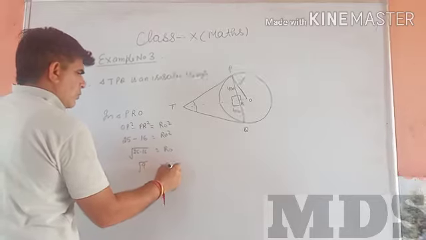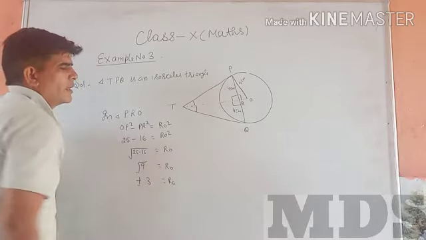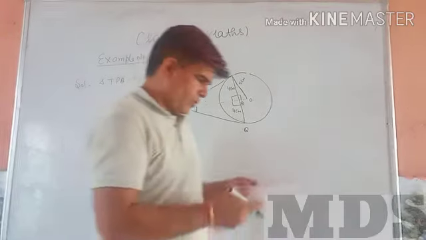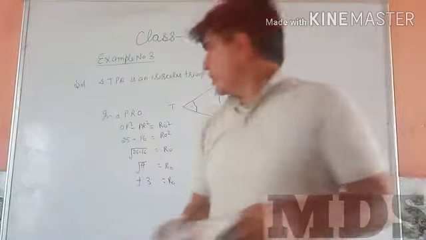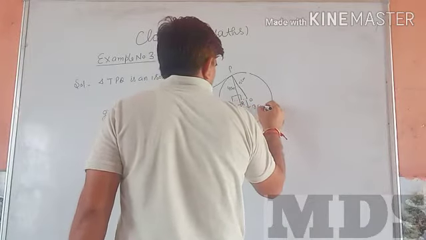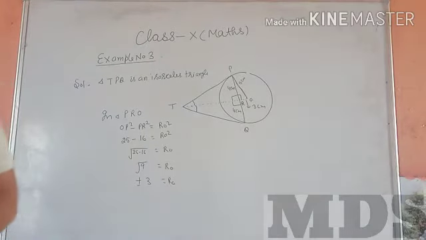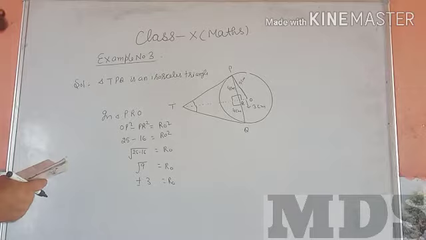RO equals plus or minus 3, but length is always positive. So OR is equal to 3 centimeters. Understood or not understood?